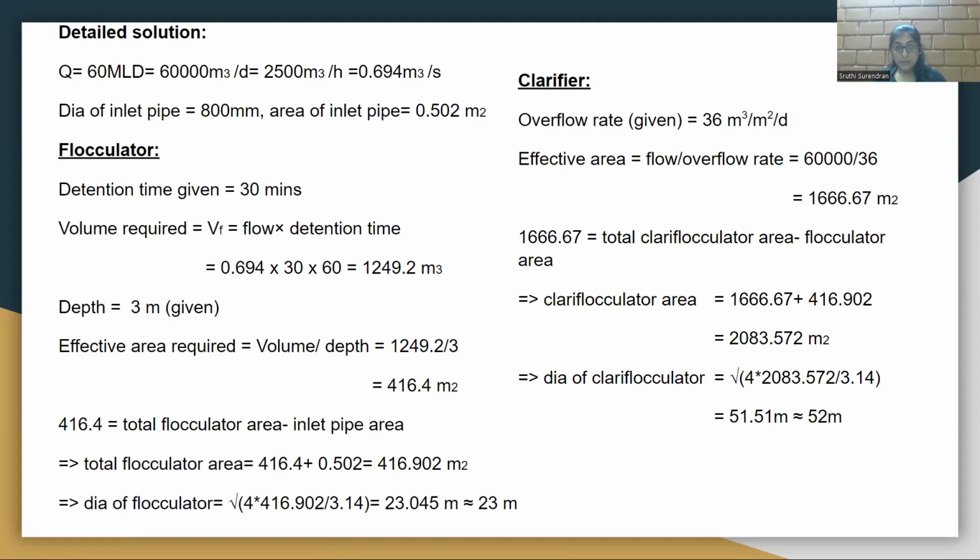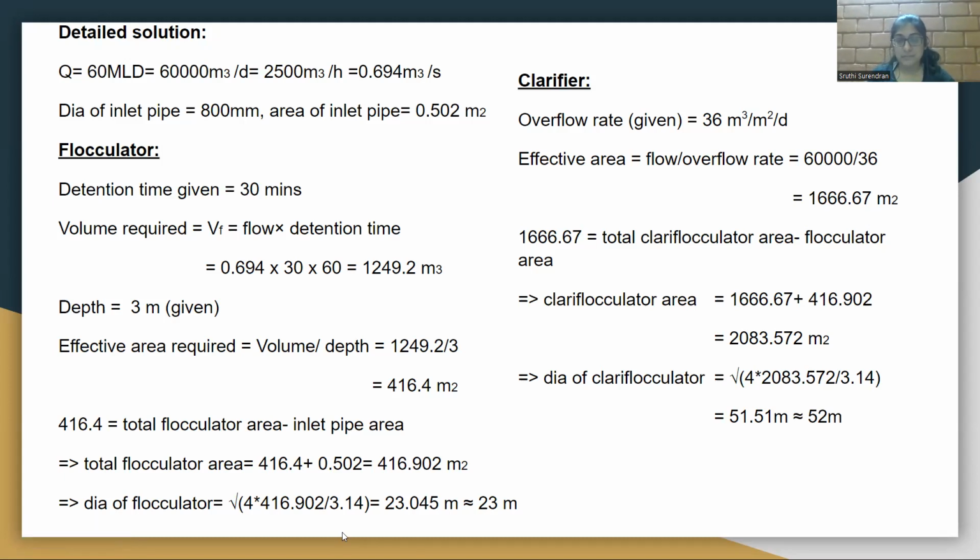Probably, Sangamitra, you might not have been getting the answer due to that. If we are finding the diameter of the clarifier, you will get this effective area value and then directly use pi d square by 4 for this area. The solution provided here is for the clarificator diameter, although the question asked is for the clarifier, so maybe that is why you might not be getting the answer.